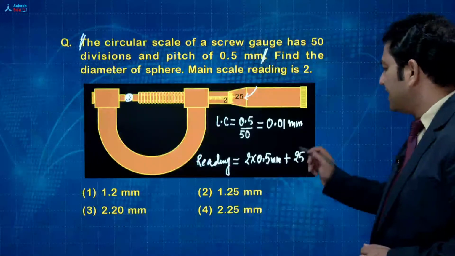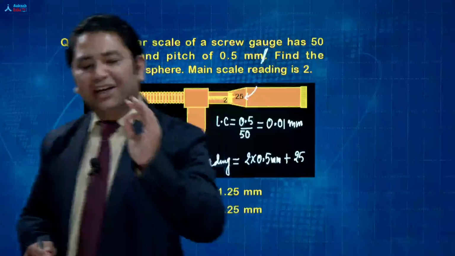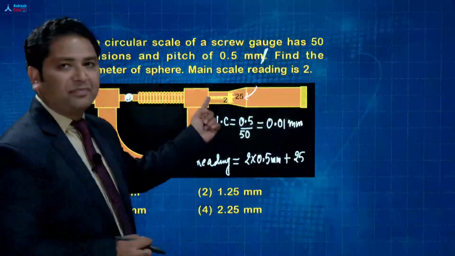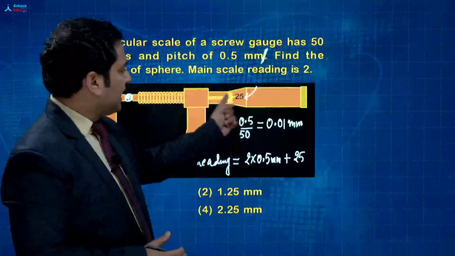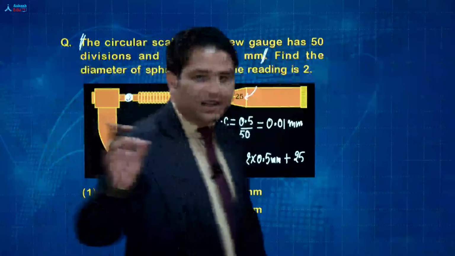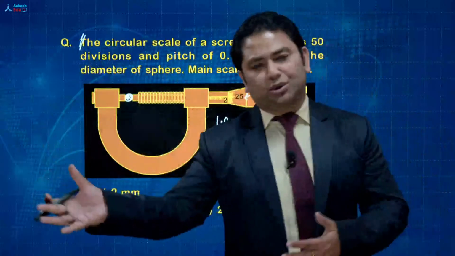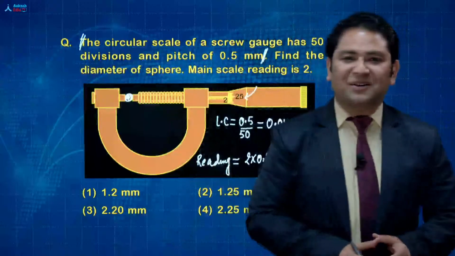This 25, what is this 25? The 25th circular scale division is matching with the reference line. You get that point? The 25th circular scale division is matching with the linear scale. If it were 30, 26, what could be easier than this?